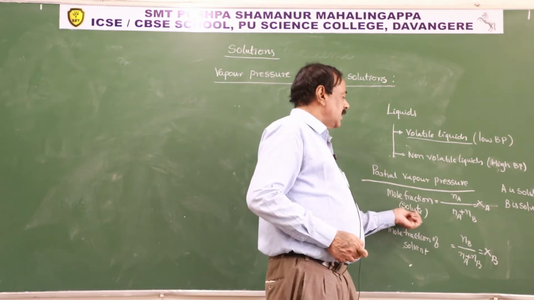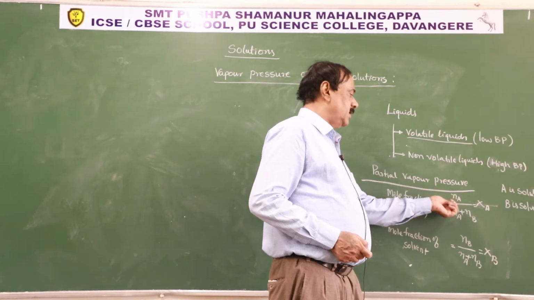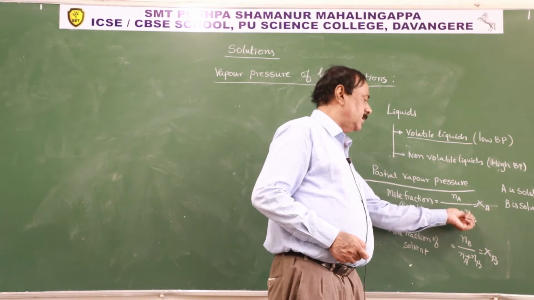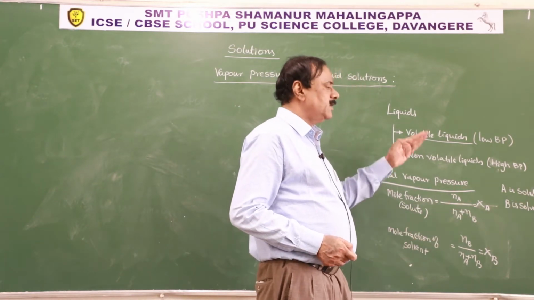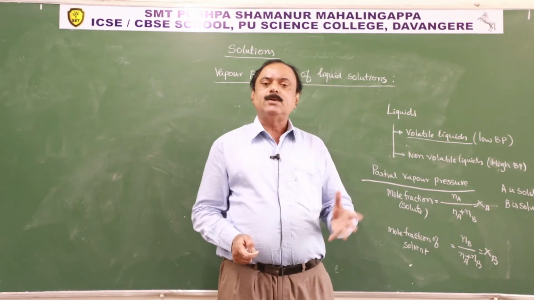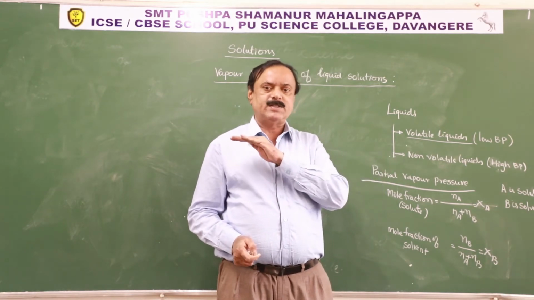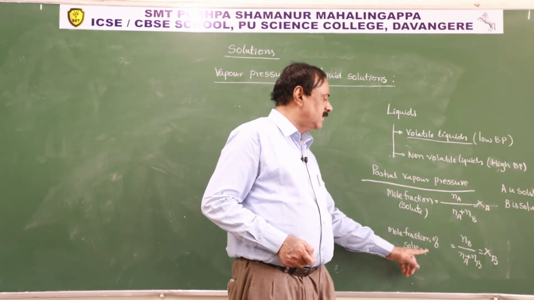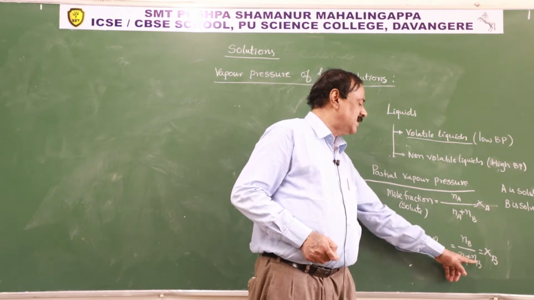Mole fraction of solute is nothing but the number of moles of the solute divided by the number of moles of the solute plus the number of moles of the solvent. It is the ratio of the number of moles of the individual component to the total number of moles of the mixture. Now, mole fraction of the solvent, assume B is a solvent: Nb divided by Na plus Nb.